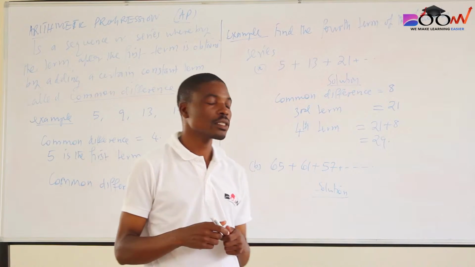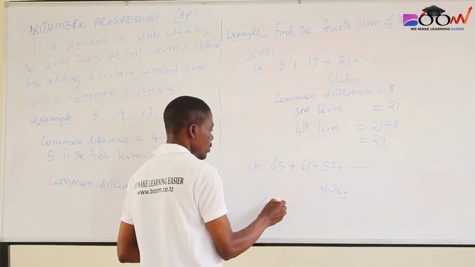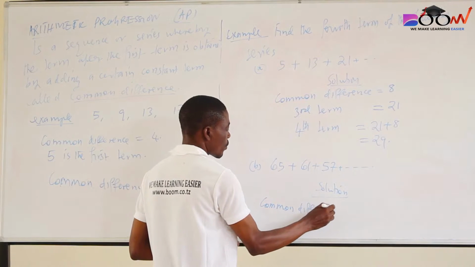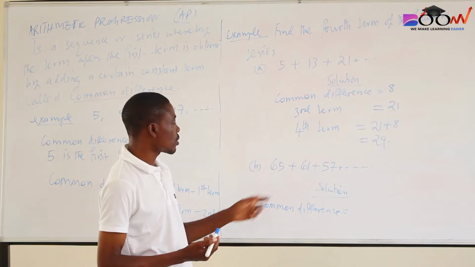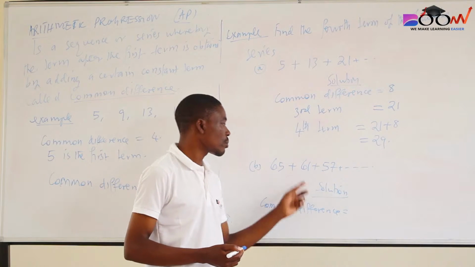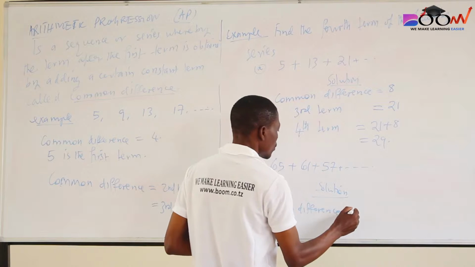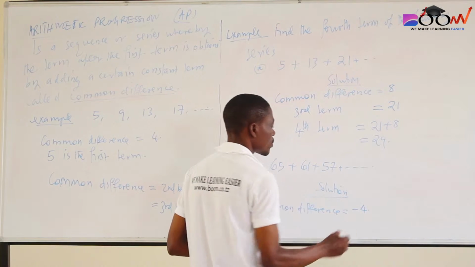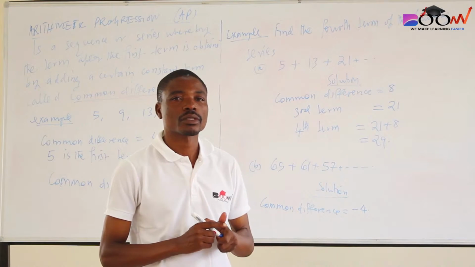Look for the common difference. Just take second minus the first, or third minus the second. So in that case, the common difference will be equal to negative 4.